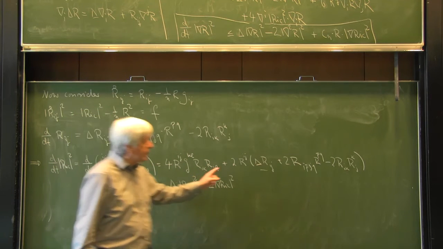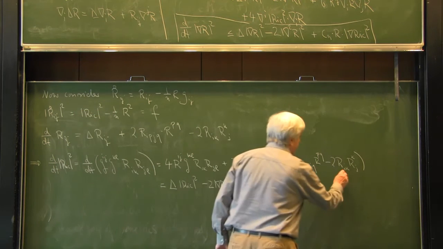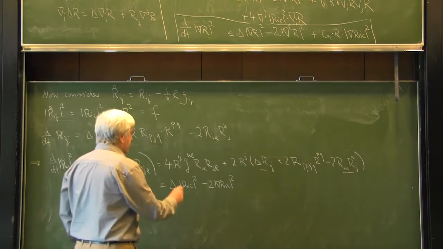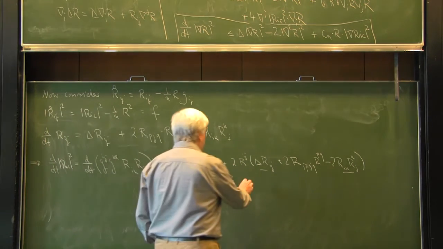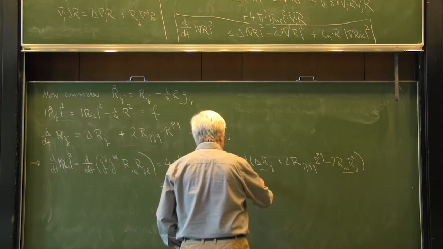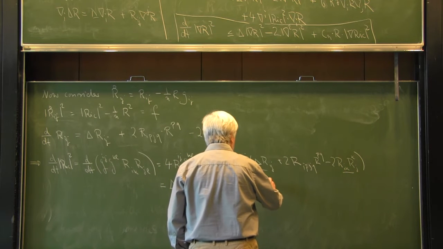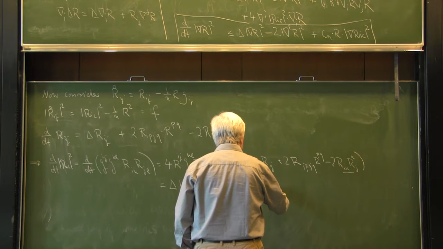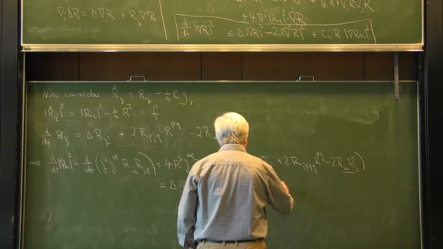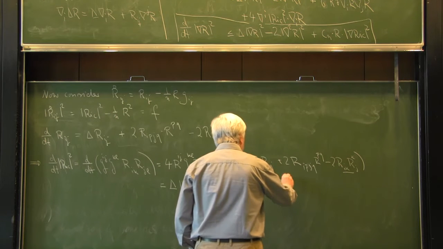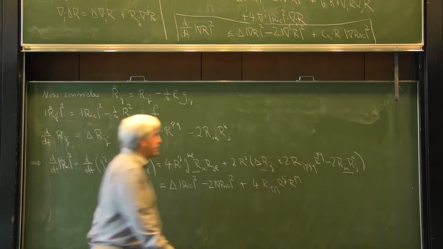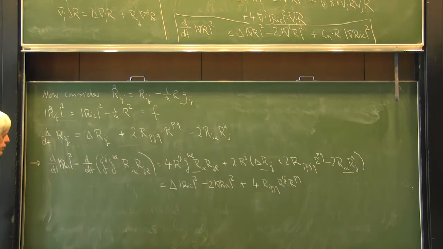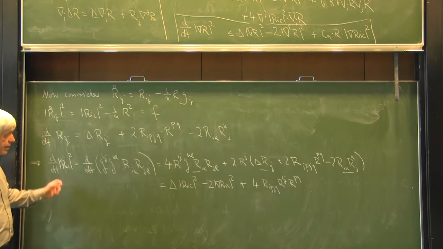The 4 from here cancels with the 4 from there. So this term goes completely away and you just get one extra term, 4 times R_ipjq times R_ij times R_pq. Well, that's the formula for the evolution equation of the Ricci tensor squared.